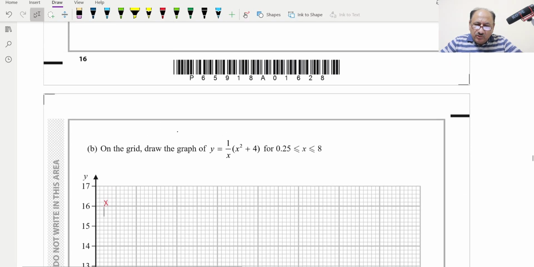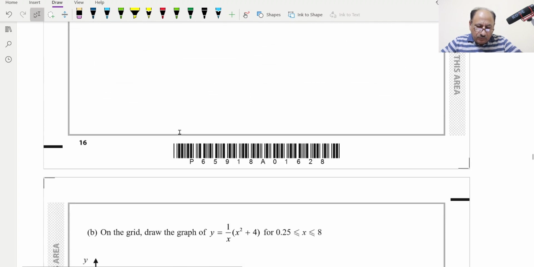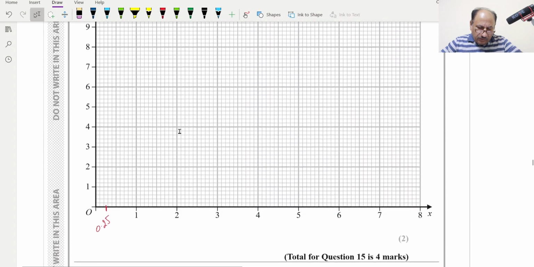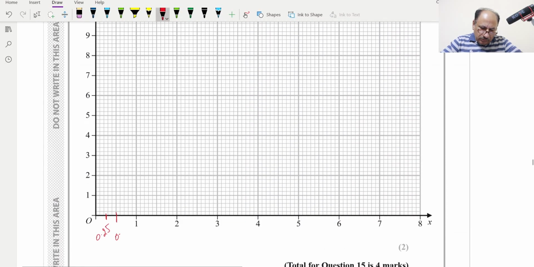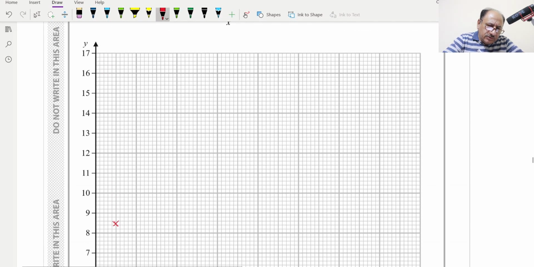The next value is 0.5 and 8.5. 0.5 is this value, and 8.5 will be over here, basically in the middle. This one I'll move a little above, so over here.